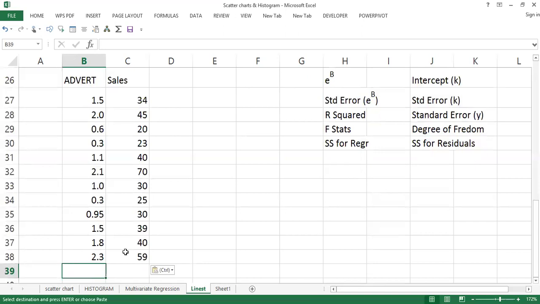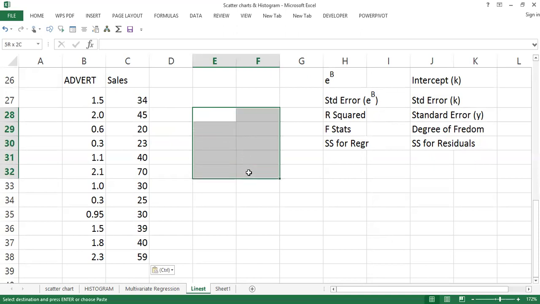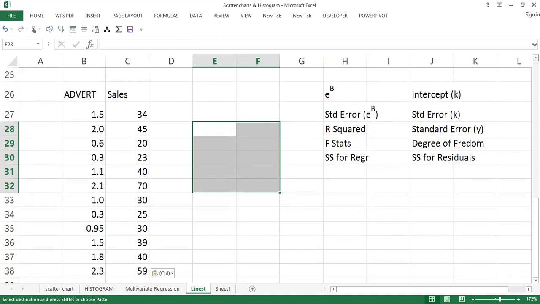Okay, so now we are going to use the Logest function. Now you tell me what to do. Step one, just like the Linest function. Step one, you highlight the range where you want the results to be displayed. Step two, you click in the formula bar. Don't type it in the cell.